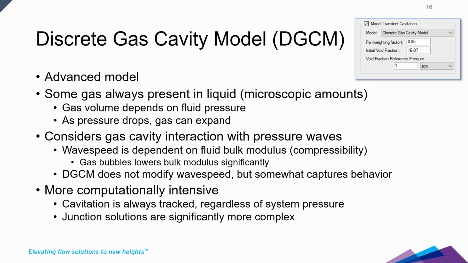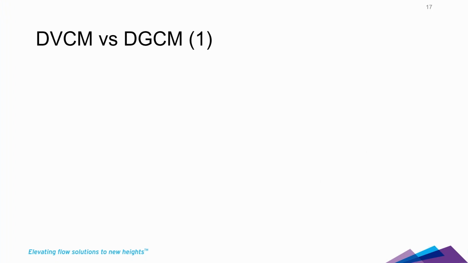And that tends to smooth out the noise of cavitation behavior a lot more. So it is more advanced, a little bit more accurate, but it's also a lot more computationally intensive, with a little bit longer run times, and results for the junctions are a lot more complex.